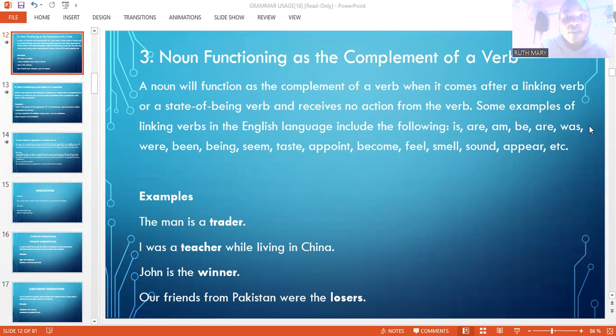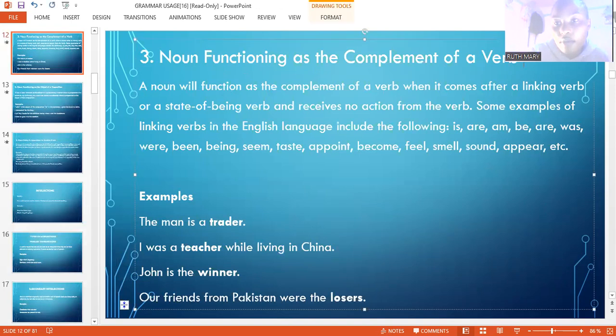Then a noun can function as the complement of a verb. A noun will function as the complement of a verb when it comes after the verb of state of being, a linking verb, and receives no action from the verb.